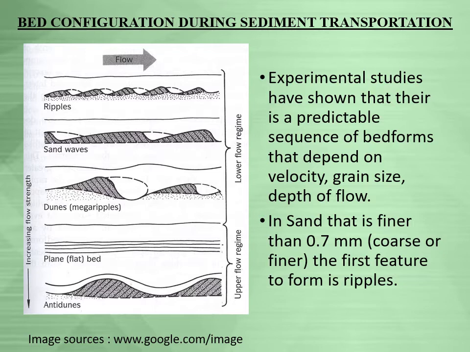In this figure also, you can find that the features are best developed with medium grain sand having a diameter of 0.7 millimeter, and finer sediments than this size become cohesive, and because of this cohesive nature, it is very hard to dislodge the sediments from their resting position and transport them, and finally form different kinds of sedimentary structures.